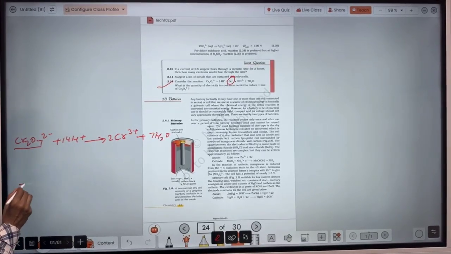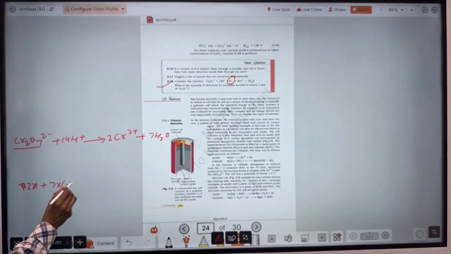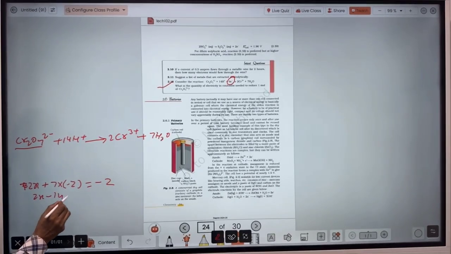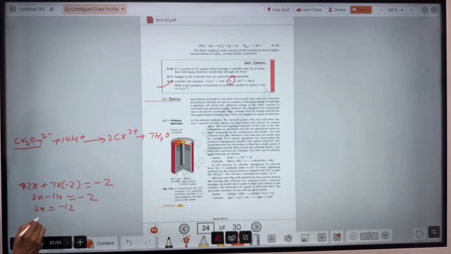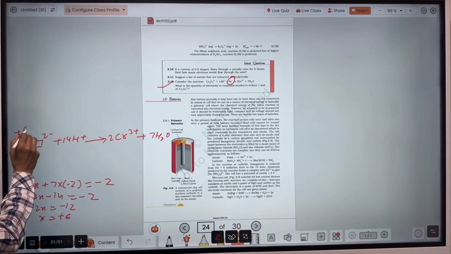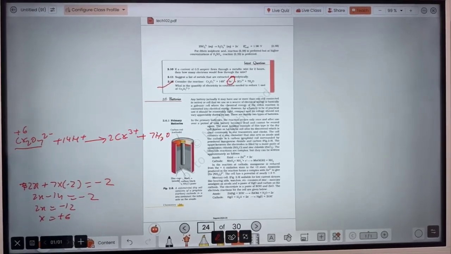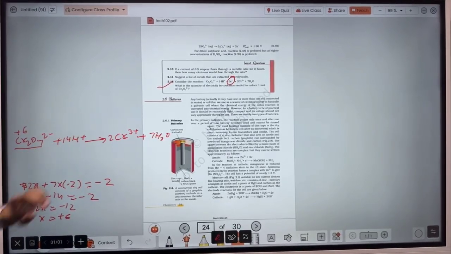Chromium is X, there are 2 chromium, so 2X plus 7 into minus 2 is equal to minus 2. Here the oxidation number of chromium is plus 6. Here this one.